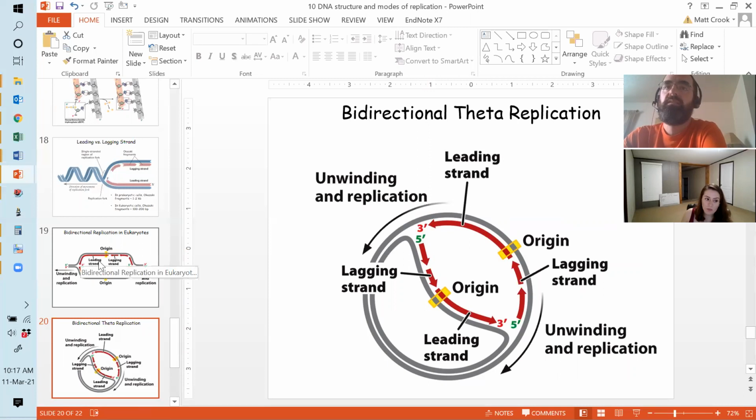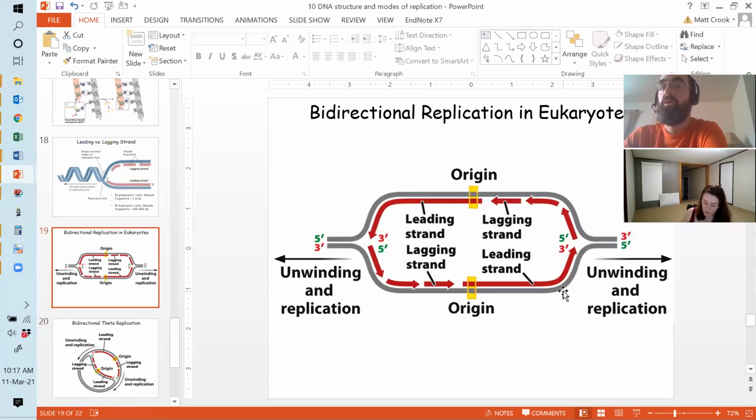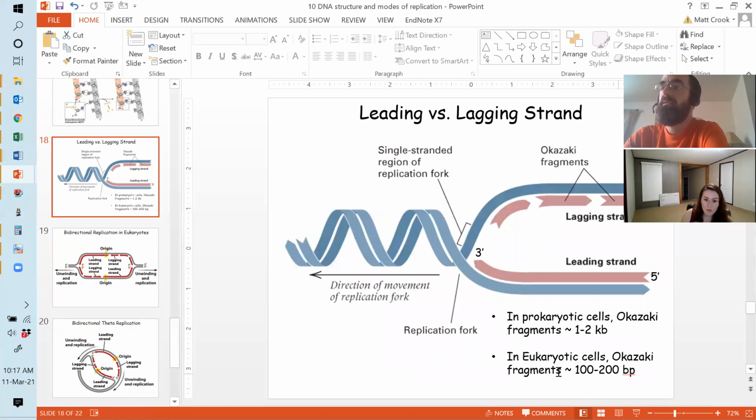And this is the same in eukaryotes as well: these little chunks vary in size from tiny in eukaryotes, in the hundreds of base pairs, to small in prokaryotes, of 1,000 or 2,000 base pairs. Compare this to a chromosome which can be 100 million base pairs long.